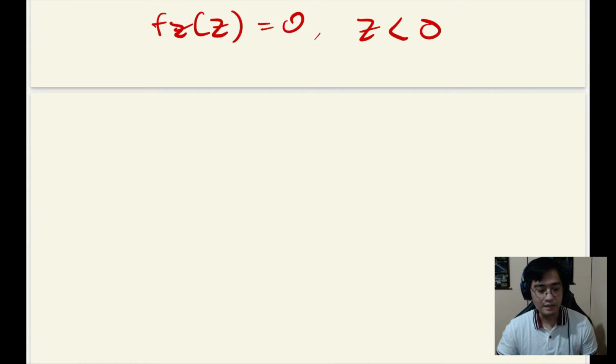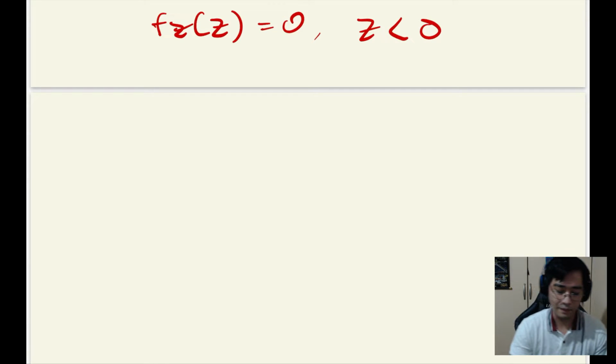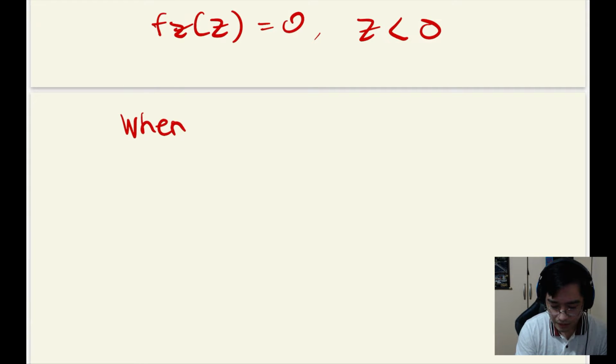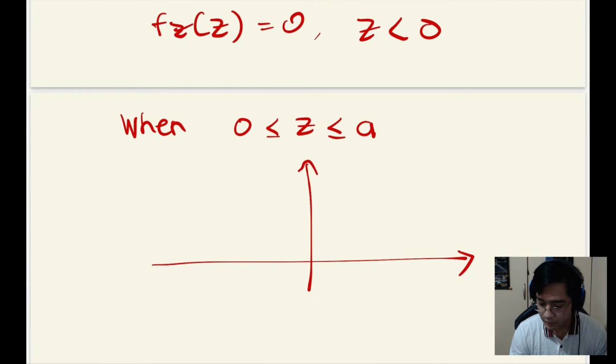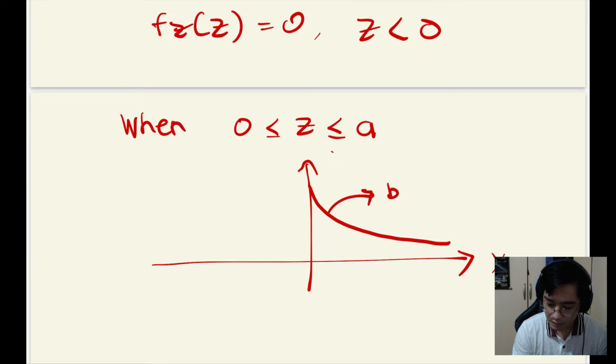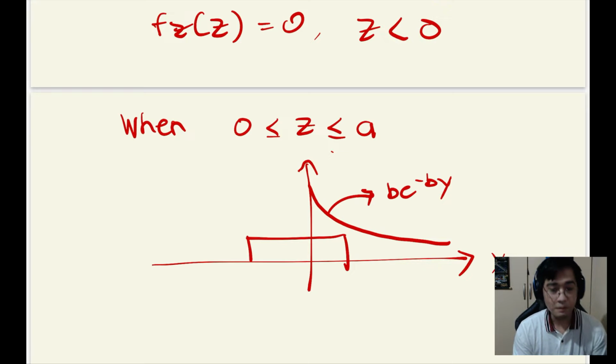Now we move to the interval wherein there is an overlap between the two, so we will obtain a specific probability distribution function. For instance, when z is between 0 and a, how can we sketch the two in y? We have b e to the negative b y, and then the uniform distribution function, where this is z and this is z minus a.